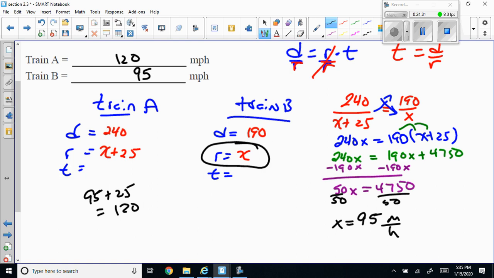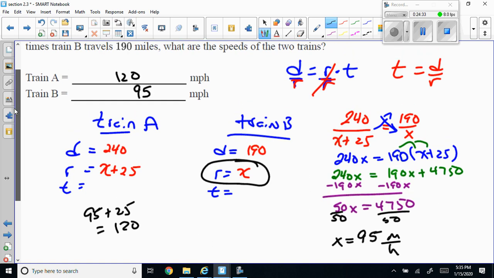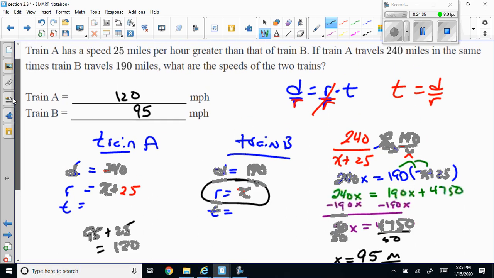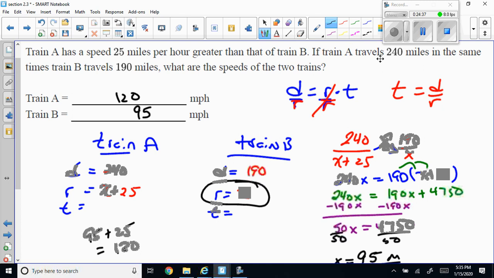Now, does that make sense? Train A traveled 240 miles, while train B only traveled 190, right? So in the same amount of time, A's got to be going faster than B, right? Okay.